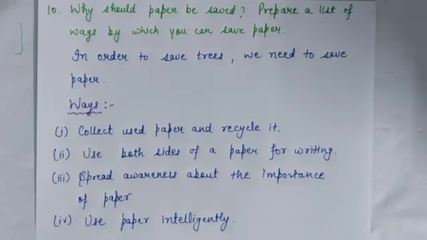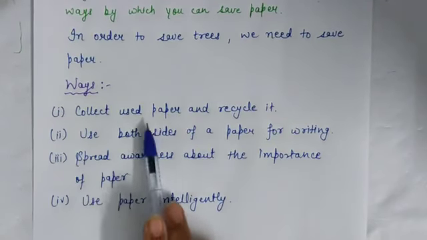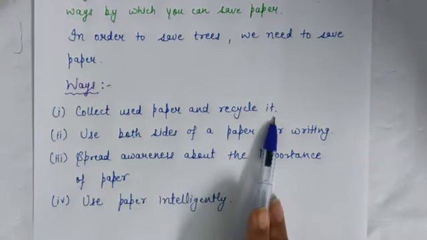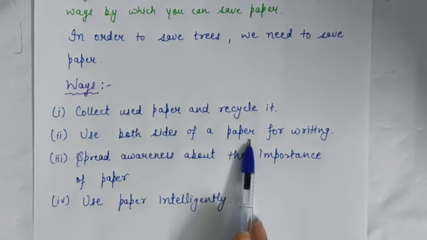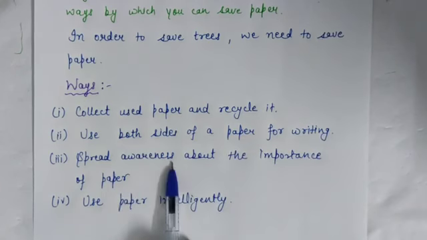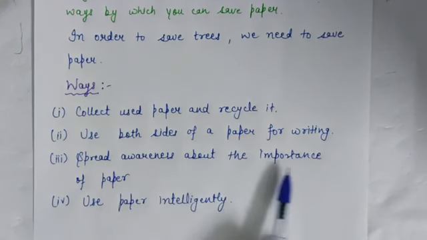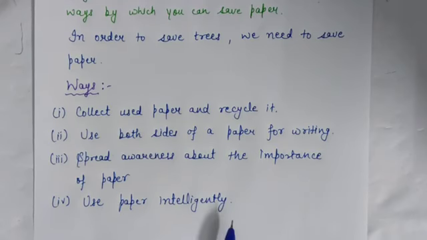Some ways by which we can save paper are: first, collect used paper and recycle it. Use both sides of a paper for writing. Spread awareness about the importance of paper. And use paper intelligently.